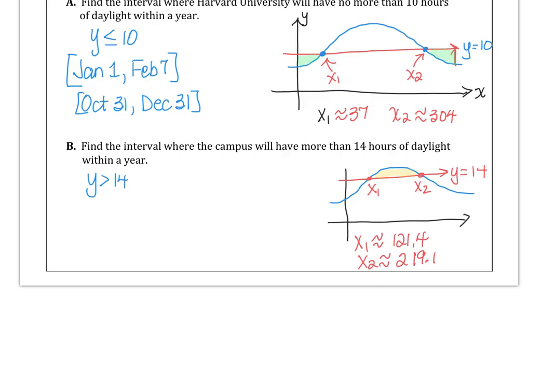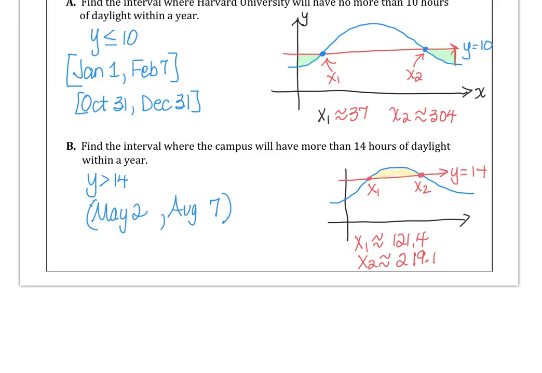And calculating off my calendar, May the 2nd would be day 122 up to August the 7th, I'm sorry, would be the end of the other one. So these would not be brackets. I got that wrong. We want parentheses because it's not inclusive. May the 2nd to August the 7th.